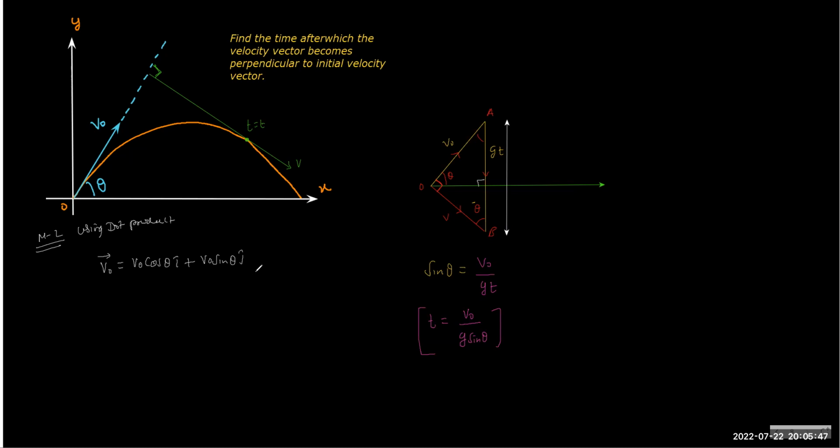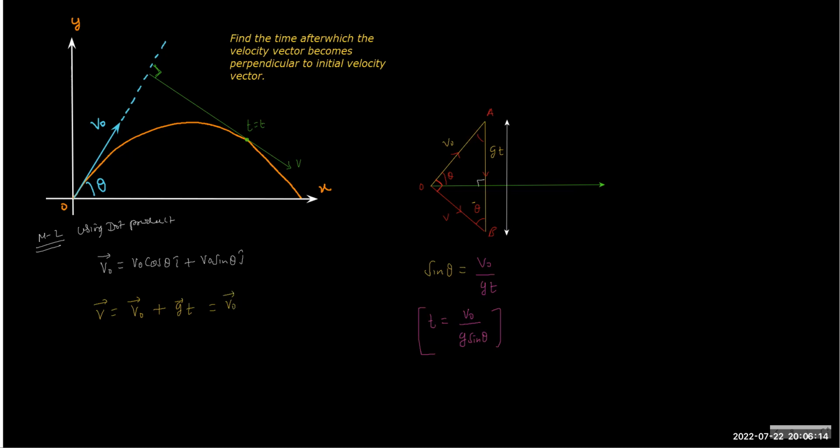Writing i and j cap is pretty interesting because that makes things easier for us. And how to write the V vector? By using the kinematical relation, V vector equals initial vector plus G vector into T, GT. That's it. I can do it in two ways.